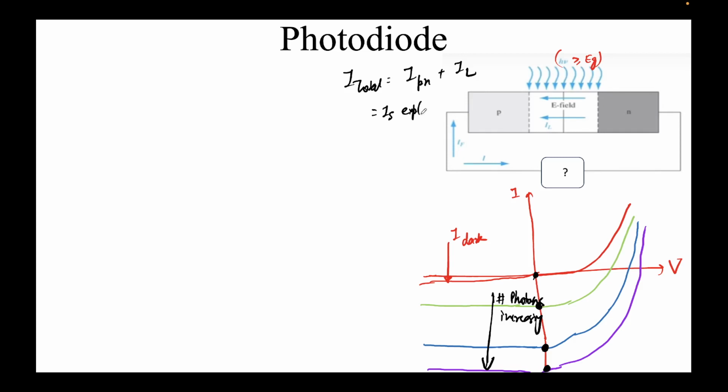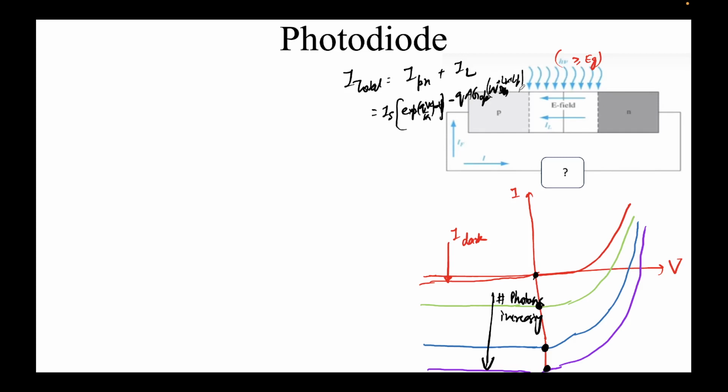So this we know is I naught or IS, exponent of QVA over KT minus 1, and this negative direction denotes that it's flowing in the opposite way, which we see here, and this is the photo current, and I believe QA G_op W into D. Again, it's not so simple in the sense that it's not just W, plus Ln plus Lp, all that term is there.